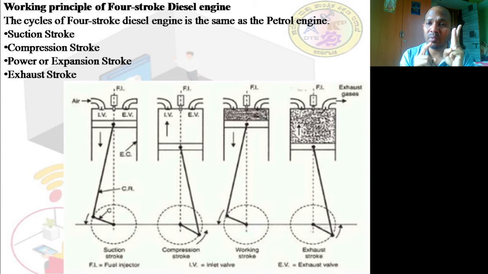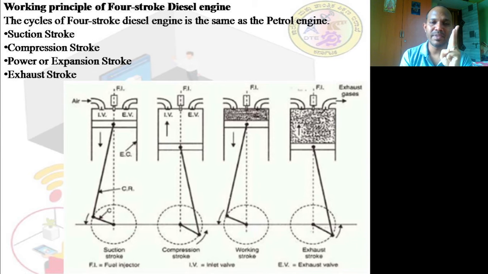In the petrol engine, the petrol and air mixture will be compressed. Here only the air will be compressed to a very high temperature, reaching maximum pressure and temperature. At this temperature, if you supply the diesel, it will automatically catch fire and burn immediately. That is the idea behind it.